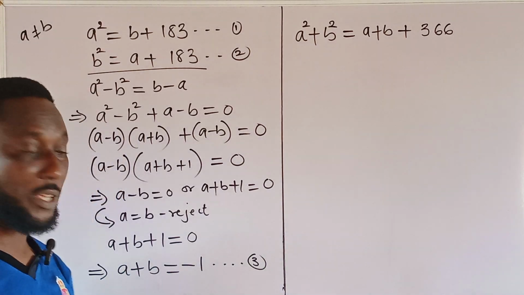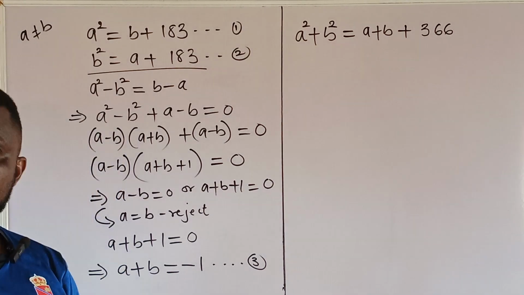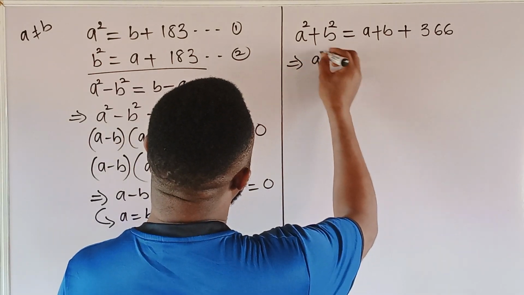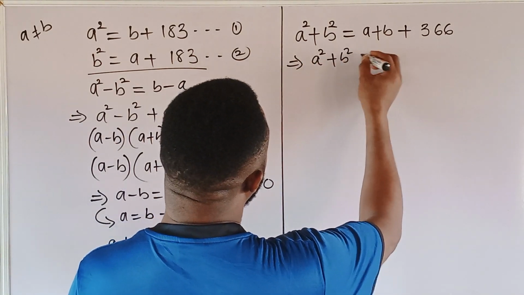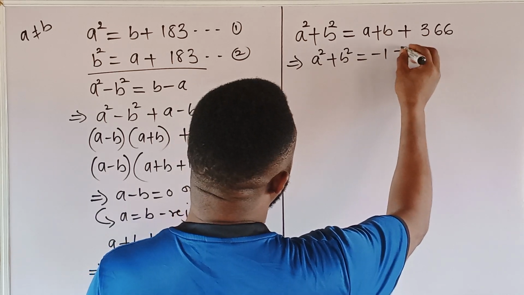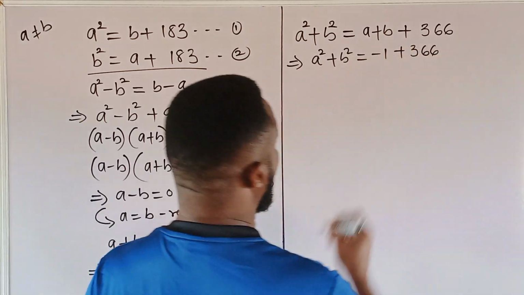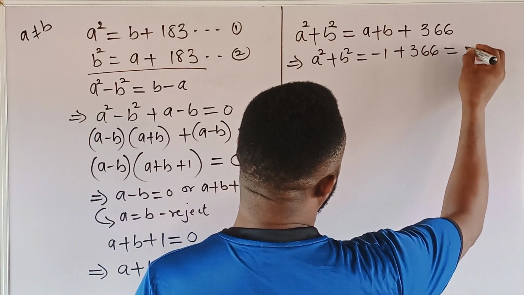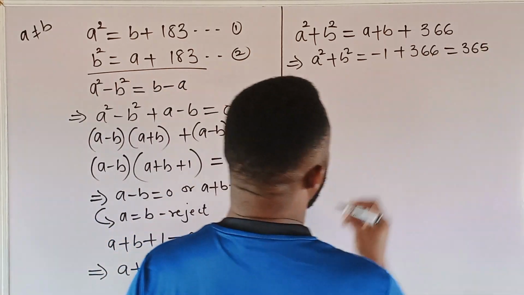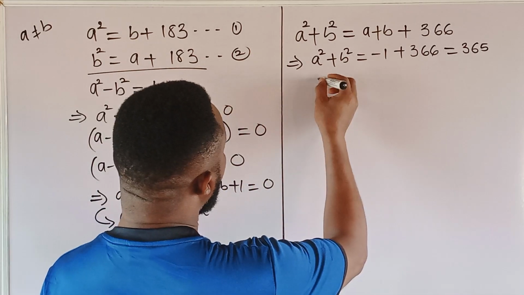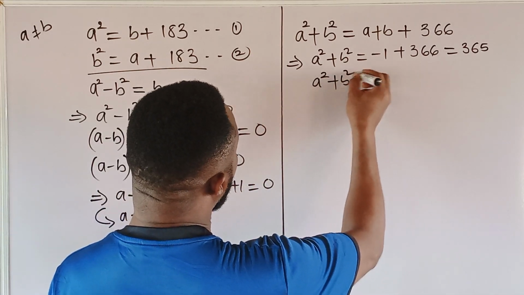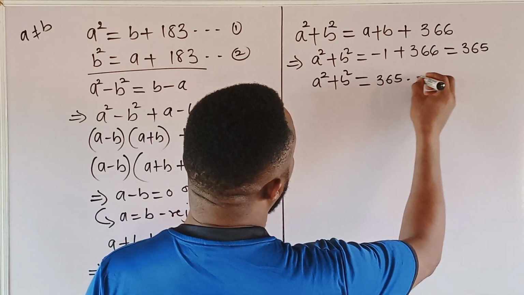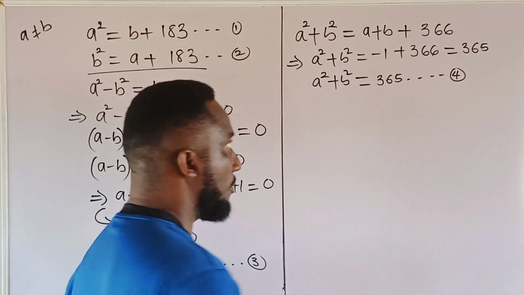Now from equation 3, A plus B equals negative 1. So I'm going to have A squared plus B squared equal to negative 1 plus 366. Now negative 1 plus 366 will give us 365. So I can then say that A squared plus B squared equals 365, which is our equation 4.